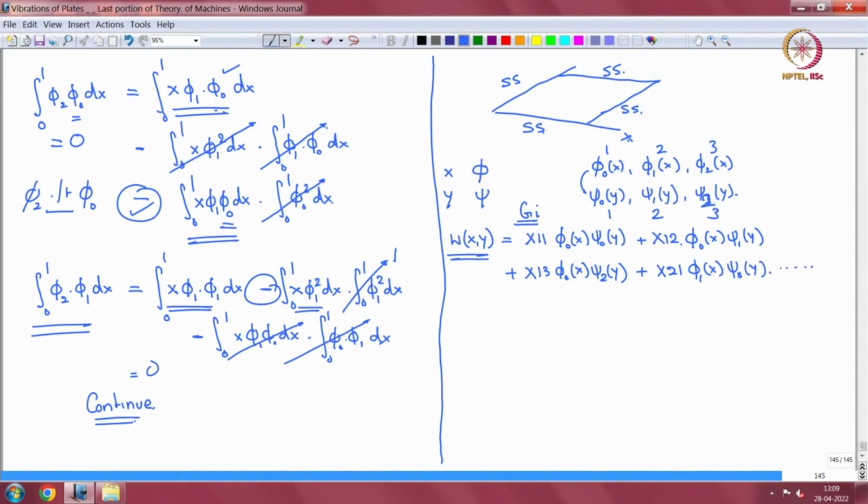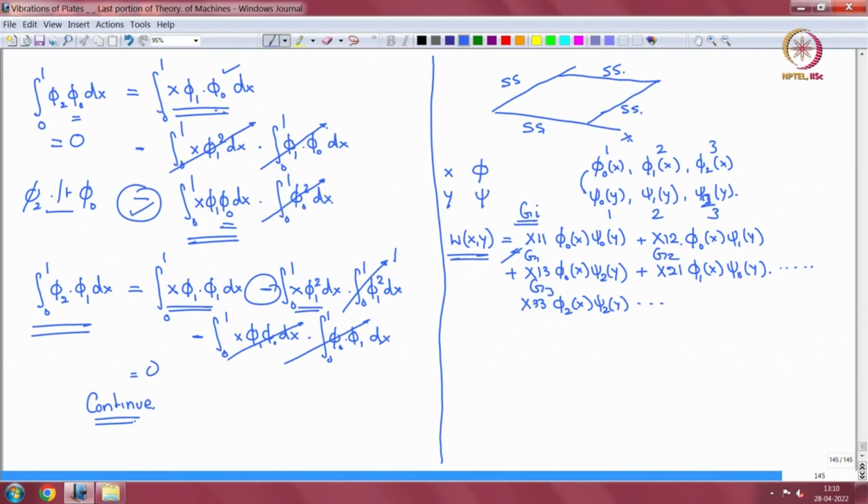Finally, x33 phi 2 of x psi 2 of y. These are your g's, g1, g2, g3, etc.